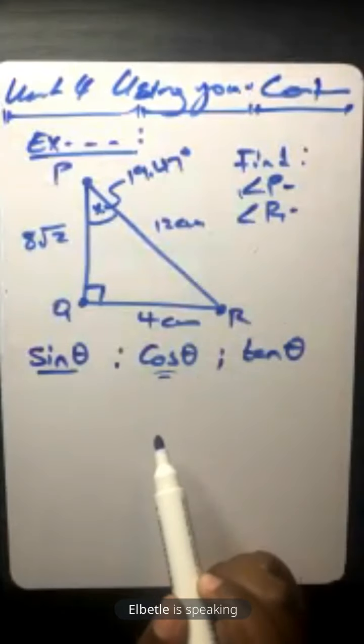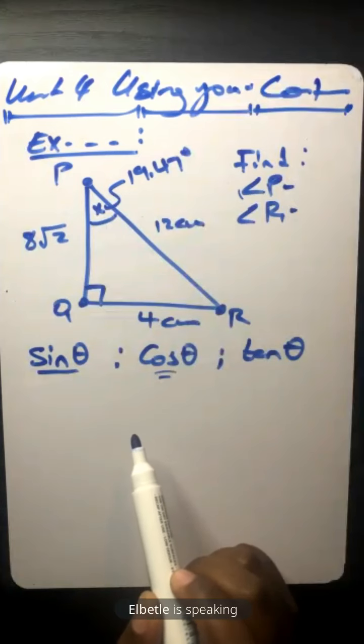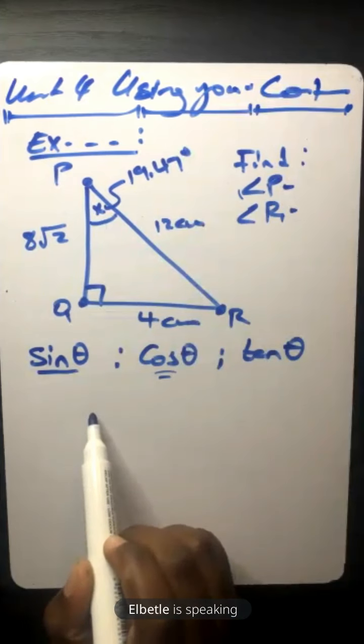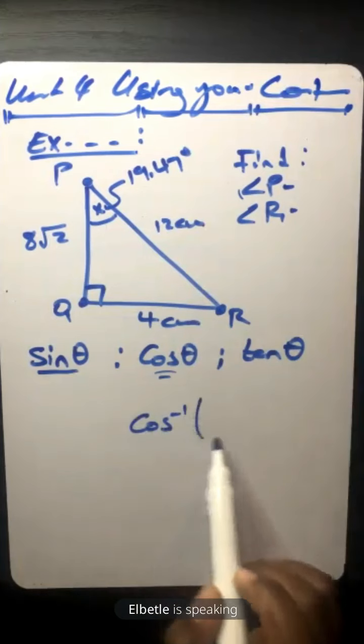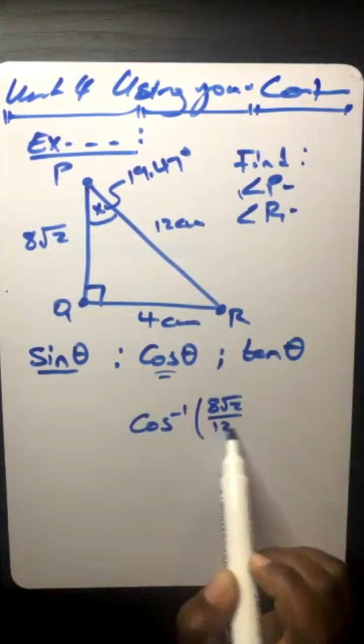Sorry, are you still there? I was saying cos negative 1, open bracket 8 root 2 over 12, close bracket.